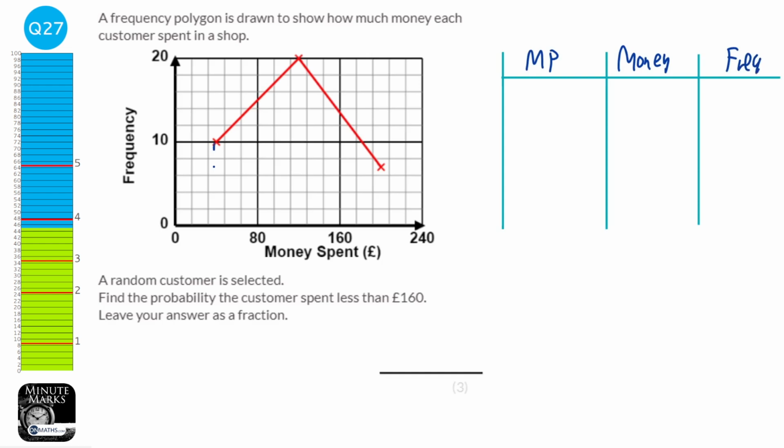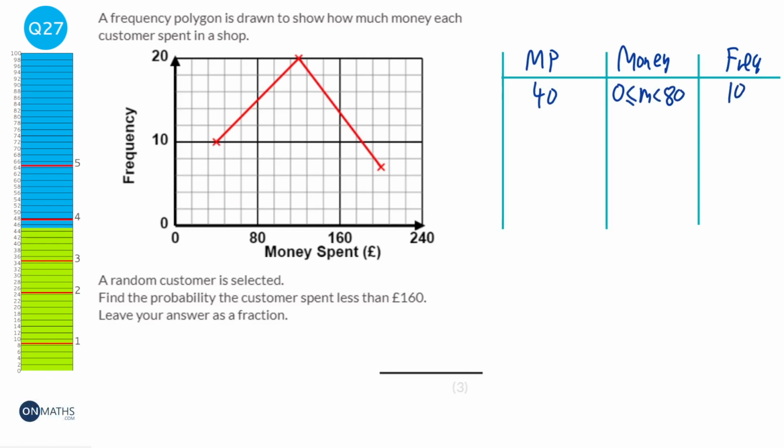So the first midpoint is at 40. And we can see that that was in this group here. So that is, I'm going to use M for money, 0 to 80. And the frequency is how high it is, which is 10.